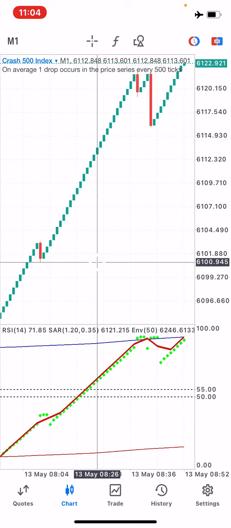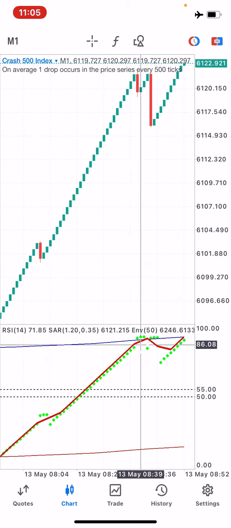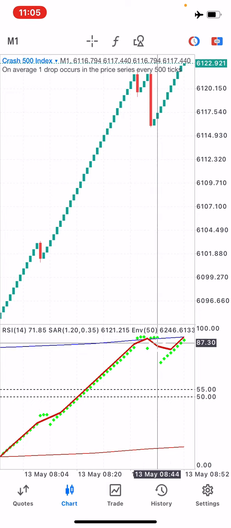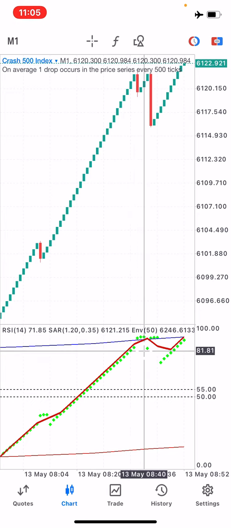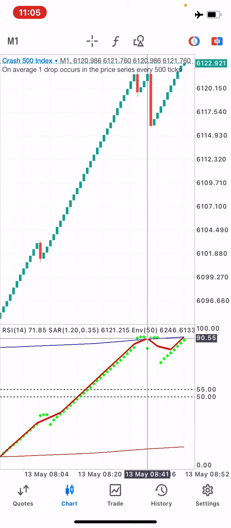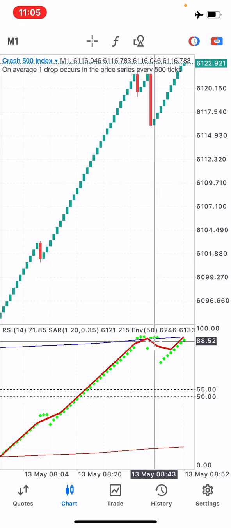Basically, we'll talk about the other level a little bit later, but what you have to have in mind is you are going to take a sell trade, or you're going to start selling, when you have this red line touching this blue line while the parabolic dots are above the blue line, somewhere around this region. Exactly what happened in this region is your sell condition, right?